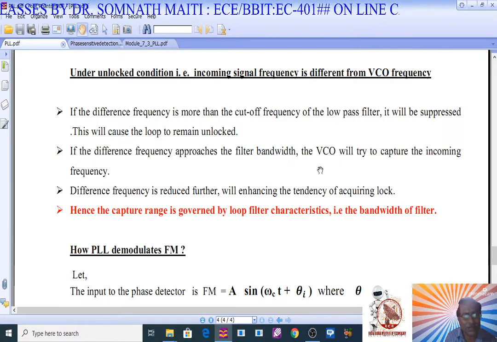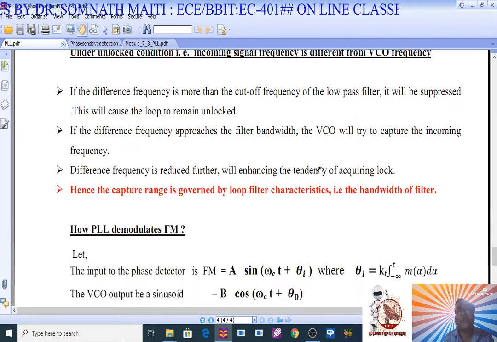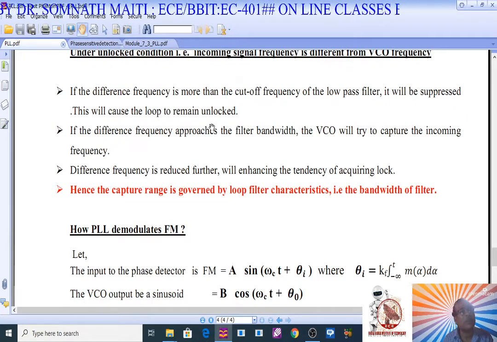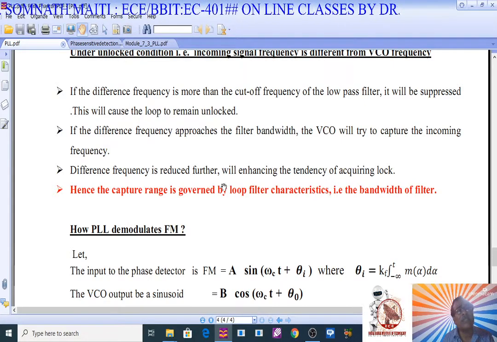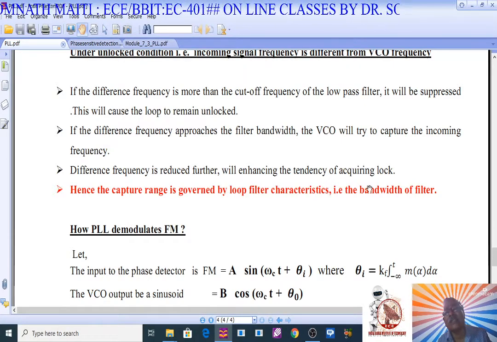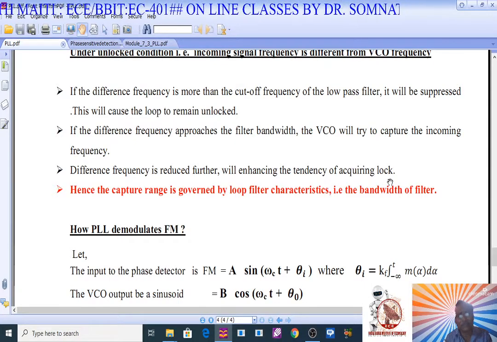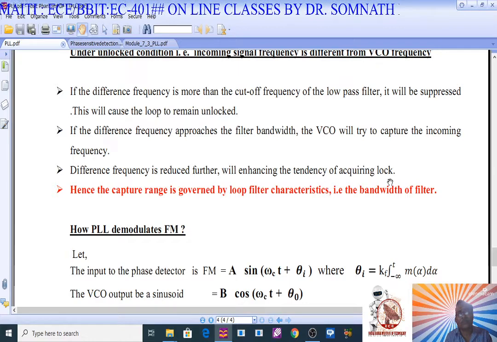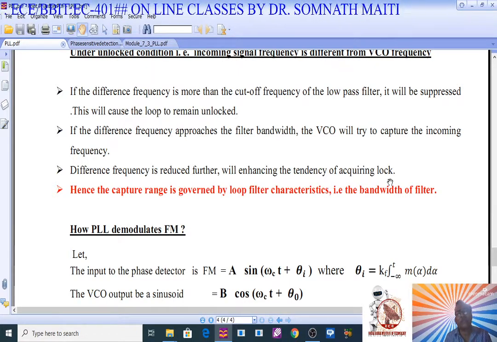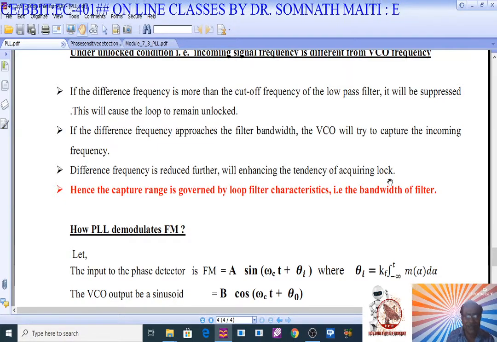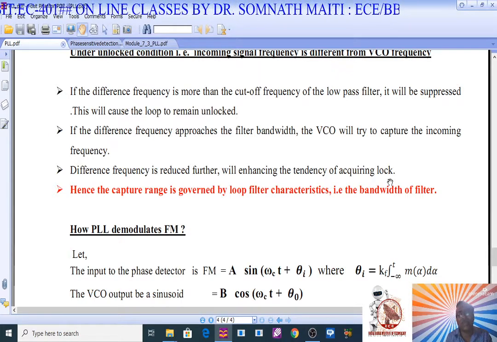If it is within the capability, it will acquire the thief, so the loop will be locked, or acquisition will occur. Reducing the difference frequency further will enhance the tendency of acquiring lock. If the difference between the incoming signal frequency and the VCO frequency is decreased, let's say to 1 kHz, then it will easily acquire the lock.